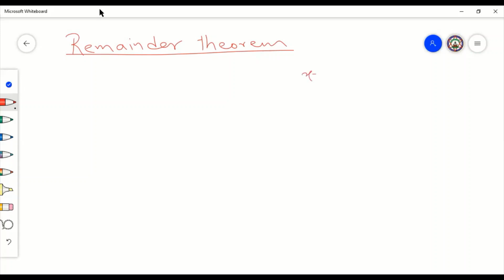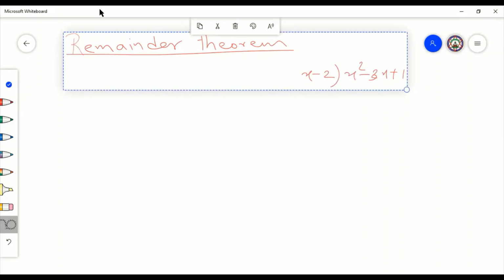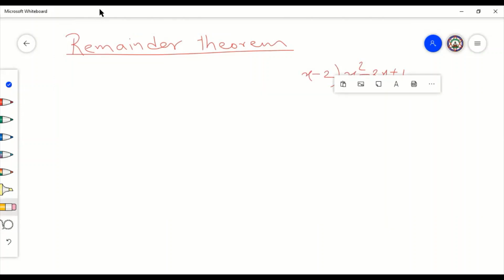The divisor is x minus 2, and it will divide x squared minus 3x plus 1.